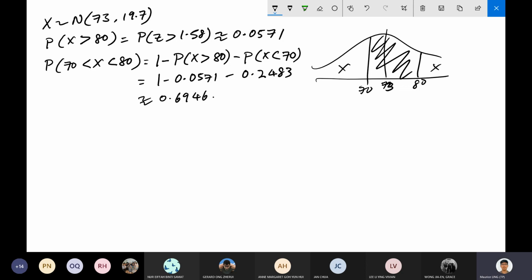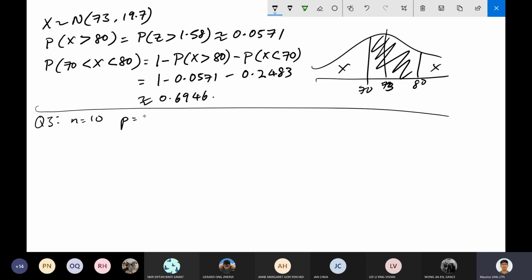Okay, question 3 says that there are 2 rounds of interview. In the first round there are 10 interviewers, so the probability of passing the candidate is 0.9 for every interviewer. So let's look at it. There are 10 interviewers, so n equals 10. The probability that each interviewer passes is 0.9. But the candidate fails if more than one of them decides to fail him.